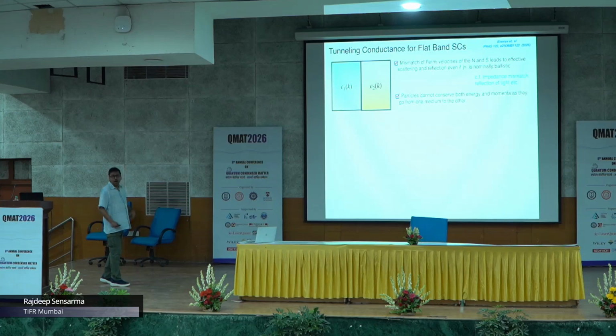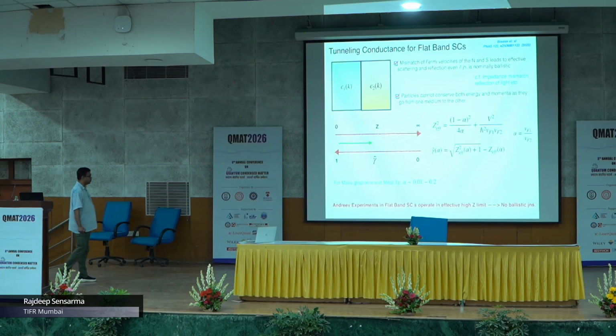So even if you nominally create a ballistic junction, your effective junctions between, let's say, a tungsten or a gold tip and a flat band superconductor will always be in the high Z limit, will never be in the ballistic limit. The idea is that particles cannot conserve both energy and momentum as they go from one to the other.